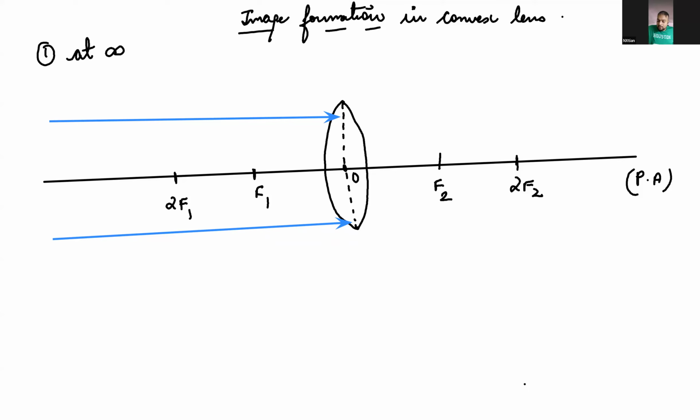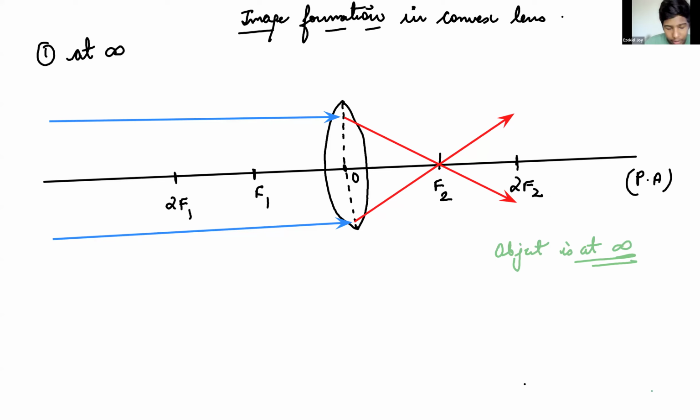And where will the image form then? If the object is at infinity, the image will form where the two reflected lines, the two red lines, meet. At F2. Yes, the image will form at F2.